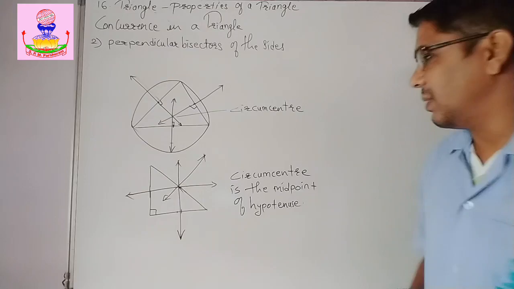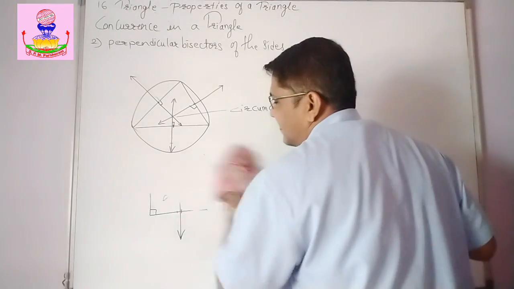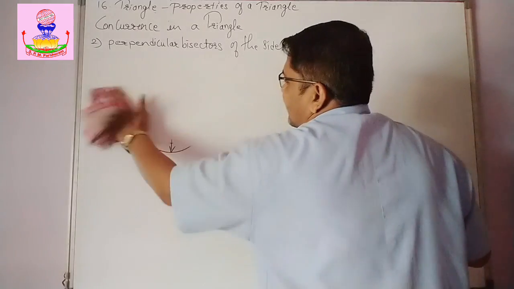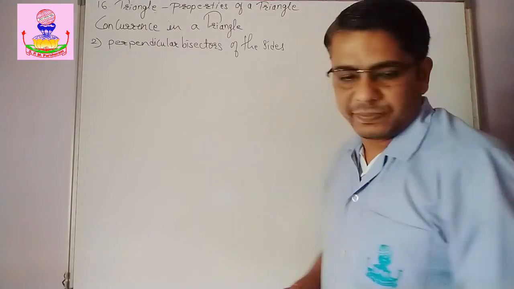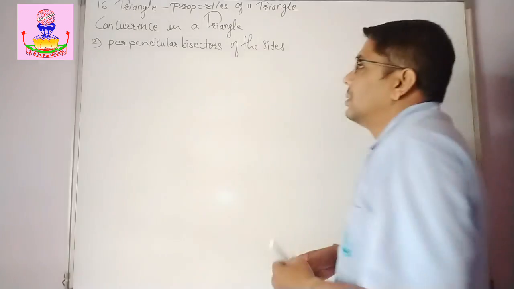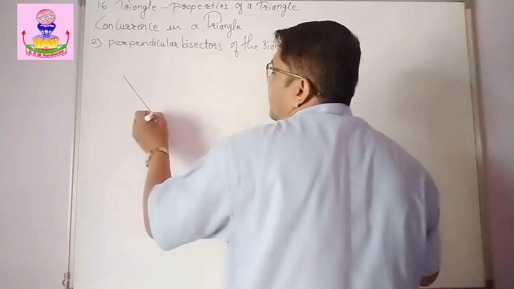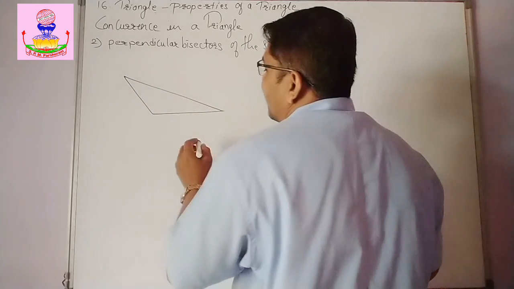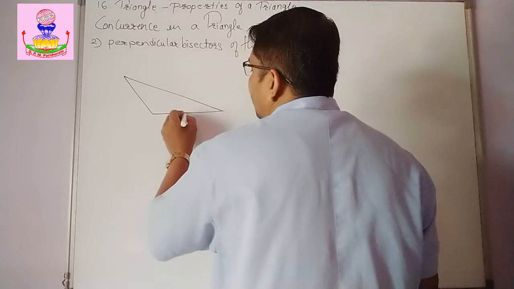Now, next, obtuse angle triangle. Let us see for obtuse angle triangle. Now suppose this is the obtuse angle triangle.